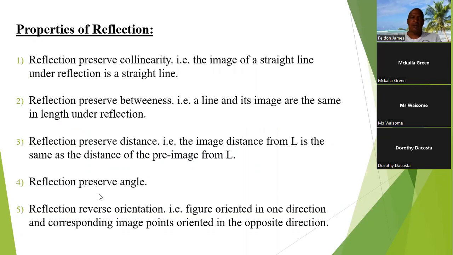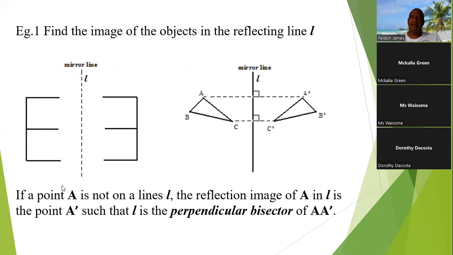All right, so reflection reverses orientation. So when we say that it is laterally inverted, in other words, if your line is orientated pointing to the left, when it is reflected, it is orientated pointing to the right.